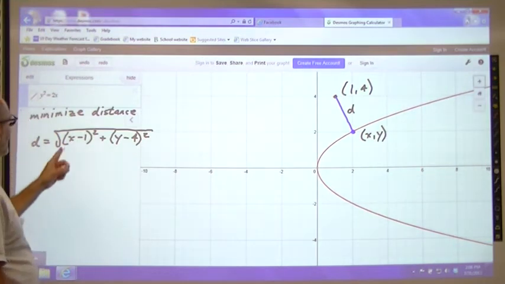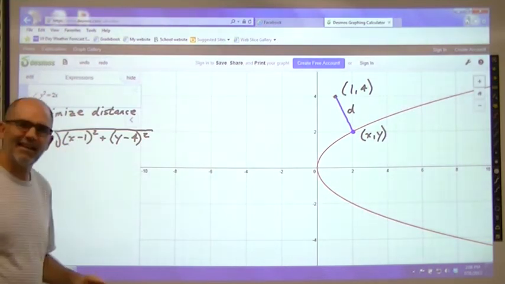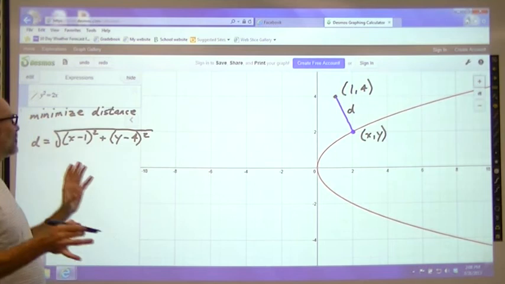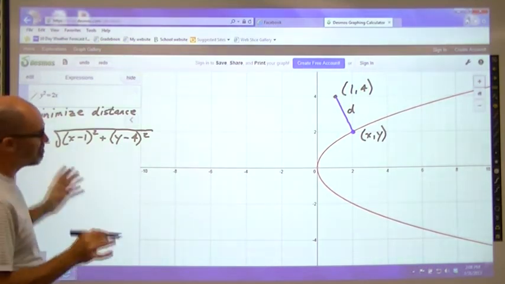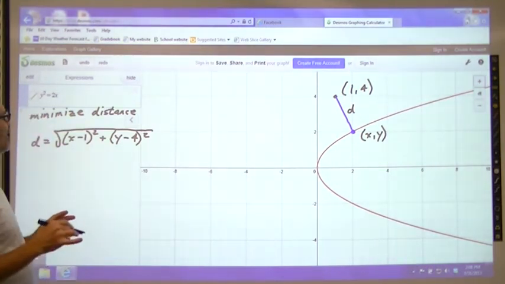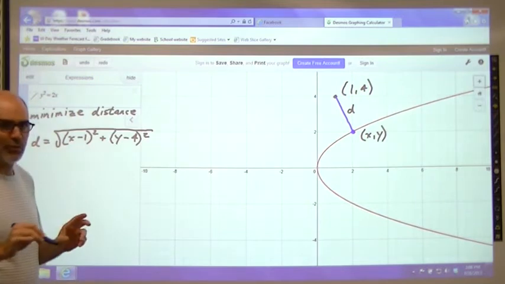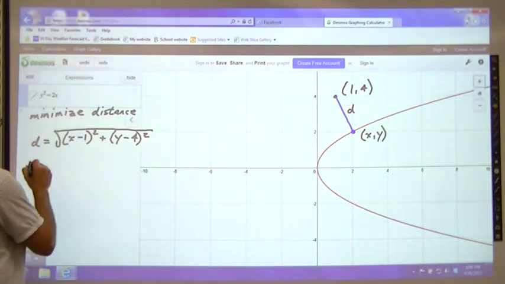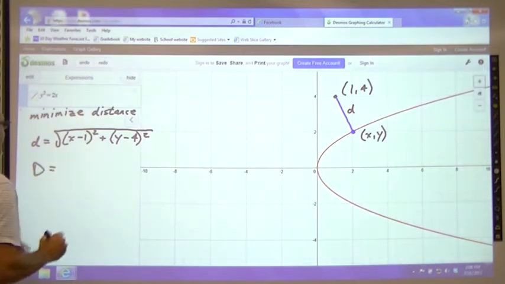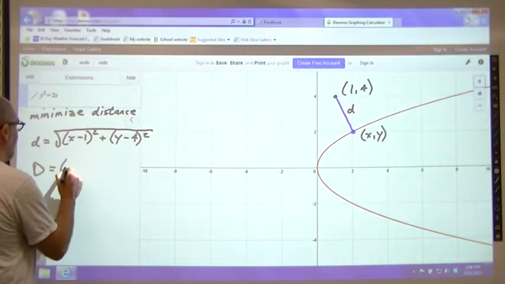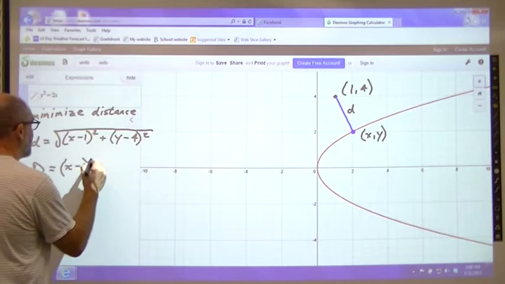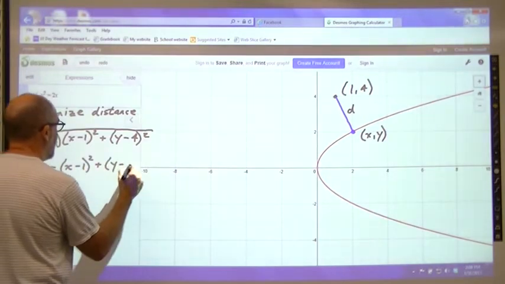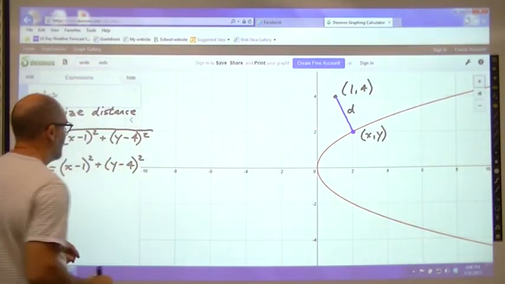Thing is, I don't like that idea. That's got the chain rule and all sorts of messiness in it. So what I would rather do is say capital D equals x minus 1 quantity squared plus y minus 4 quantity squared.